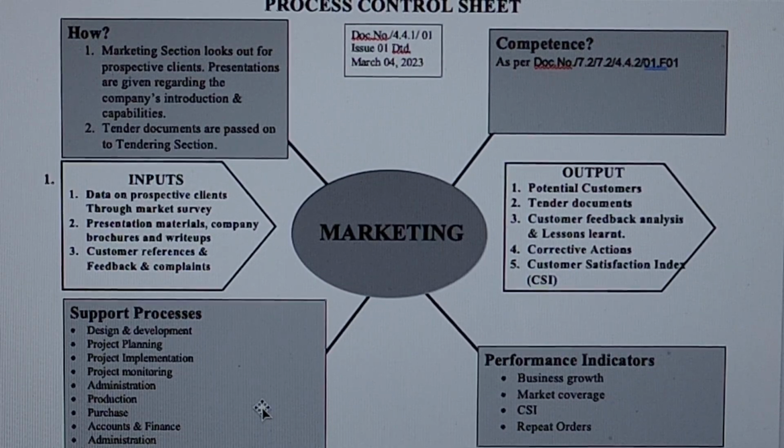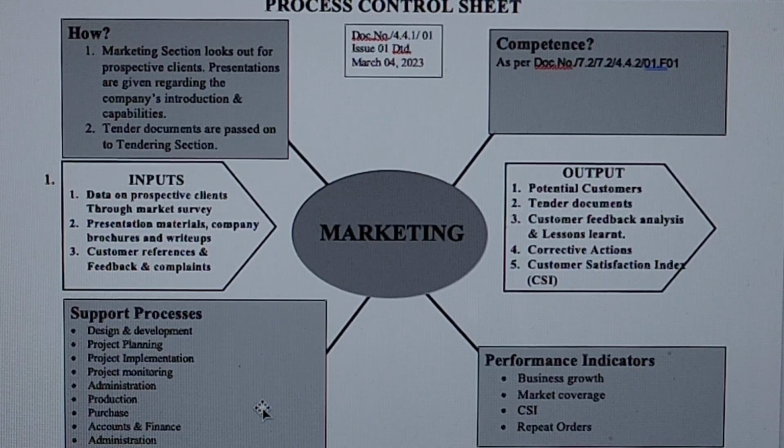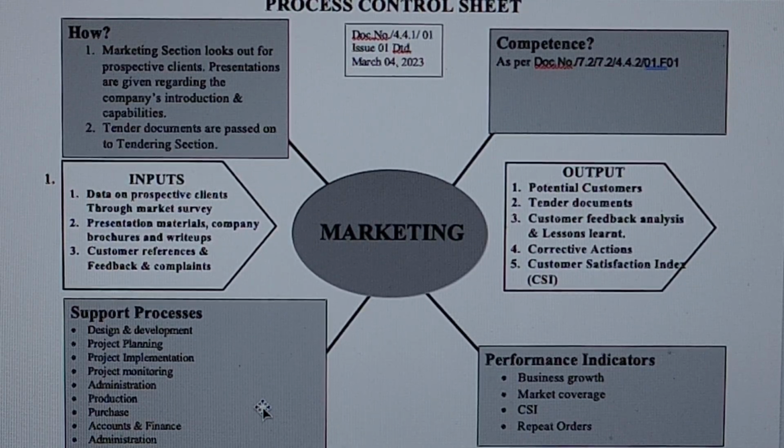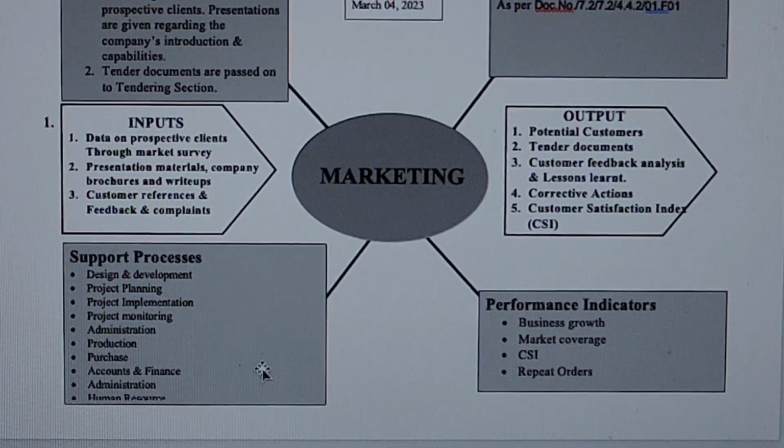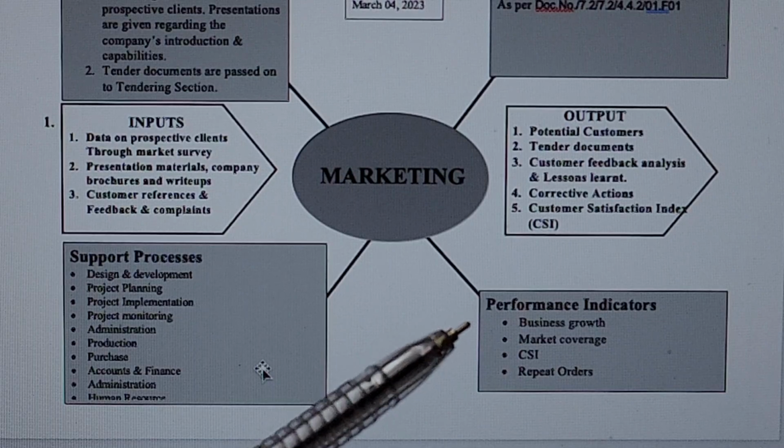So this sheet contains the way we carry out the process, the name of the process in the center, then the inputs to the process and the output of the process, and the supporting processes, and the performance indicators of these processes are mentioned in the figure here.